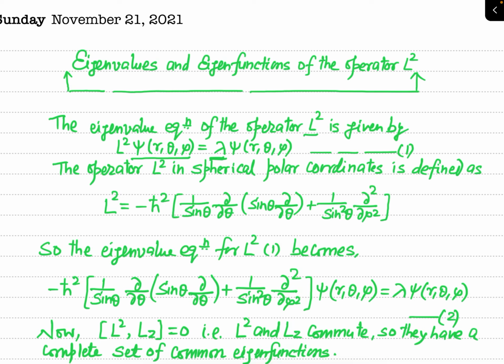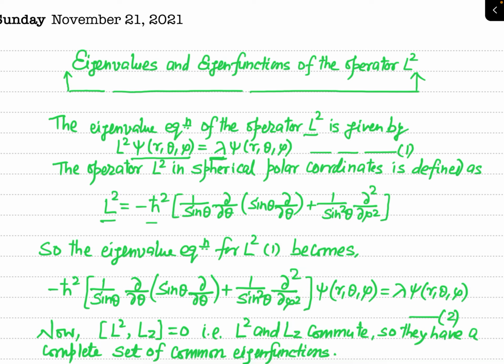The derivation is not so important, but we should remember it. In fact, remembering this operator is more important, because in numerical problems and also in theoretical discussion you always need this expression.